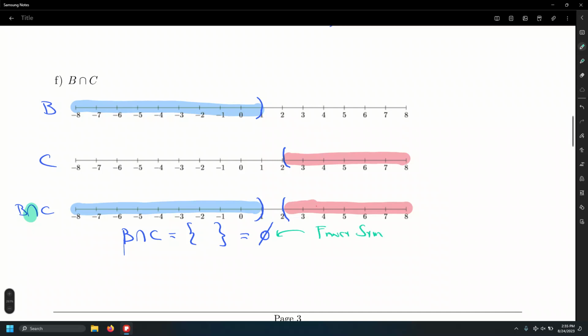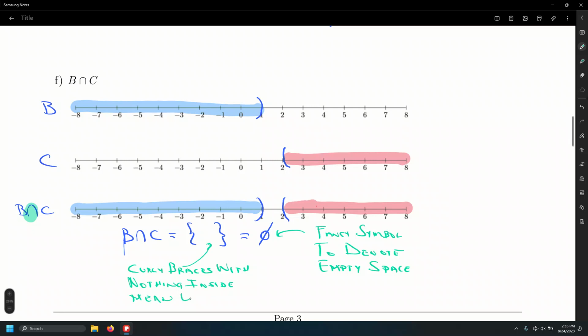Fancy symbol to denote empty space. And also curly braces with nothing inside also means empty space.